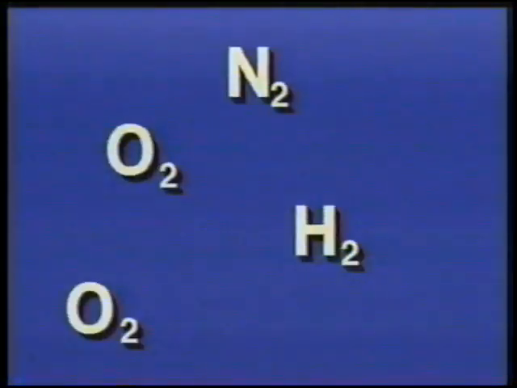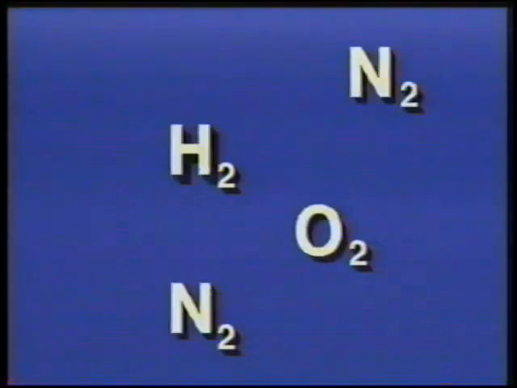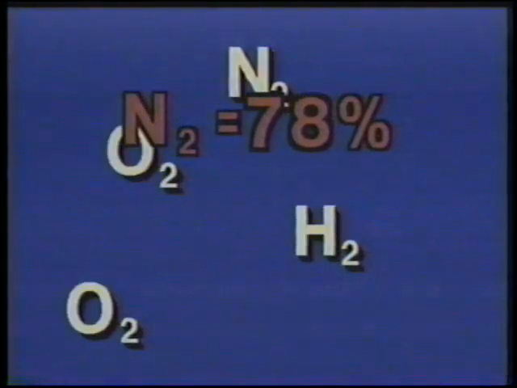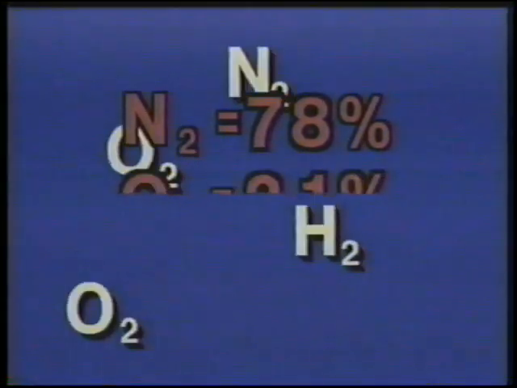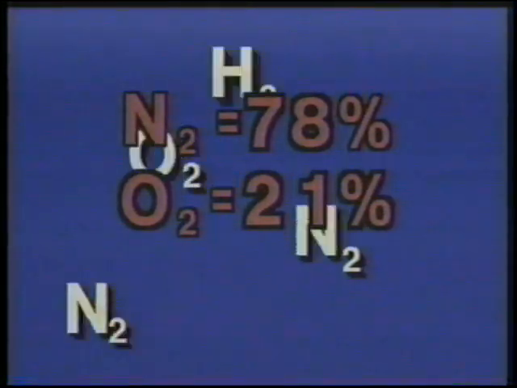The ocean of air that surrounds us and exerts pressure upon us is actually a mixture of several different gases. About 78% of the air we breathe is nitrogen. Oxygen makes up another 21%.